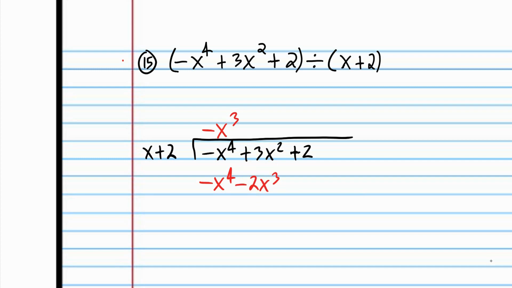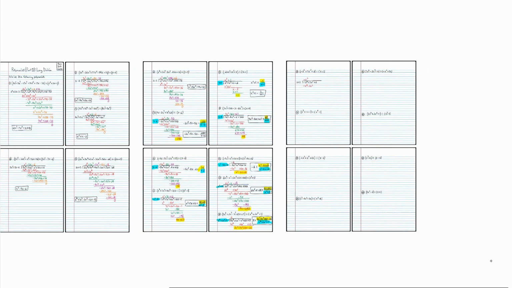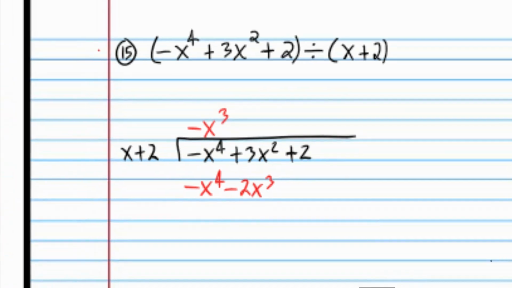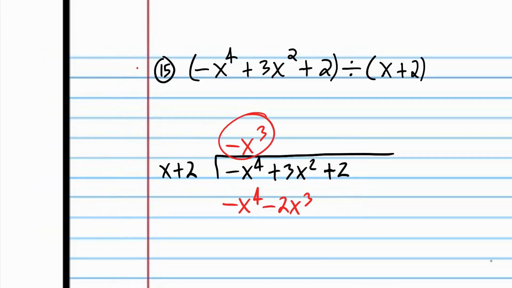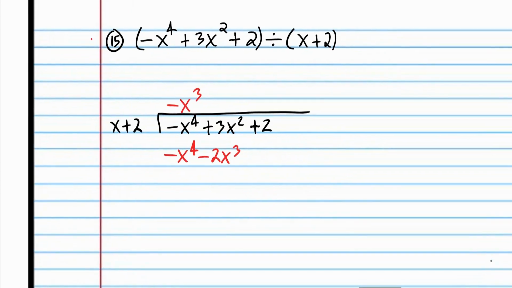But in this situation, instead of moving the bottom numbers, we're going to move the top numbers, because that's a third power expression, so it needs to go next to the fourth power expression.